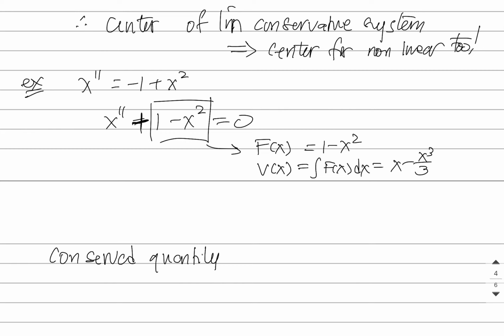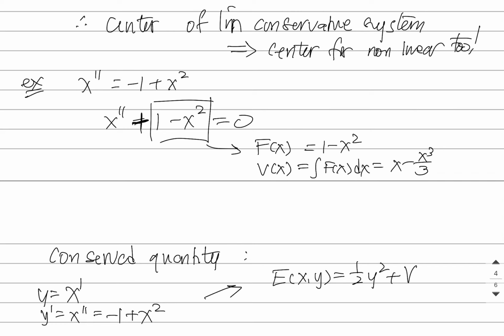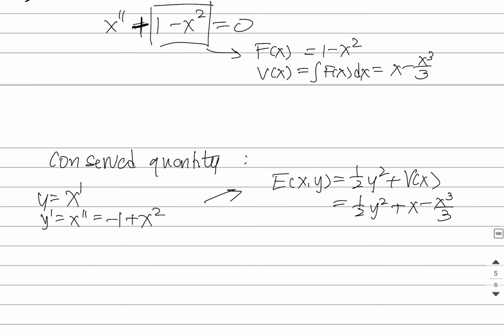We are going to say, first of all, that y is equal to x prime. Y prime, which is x double prime, is going to be negative 1 plus x squared. The conserved quantity, this total energy, is going to be 1/2 y squared plus the potential function v of x. So it's 1/2 y squared plus x minus x cubed over 3. That's going to give us trajectories in the phase plane.